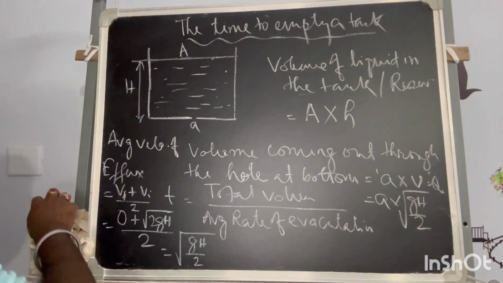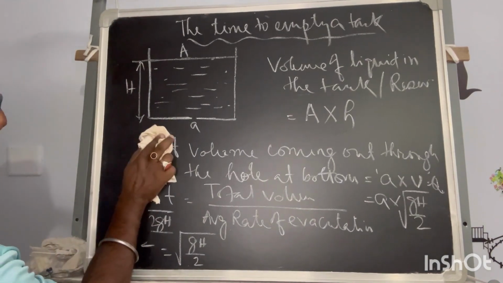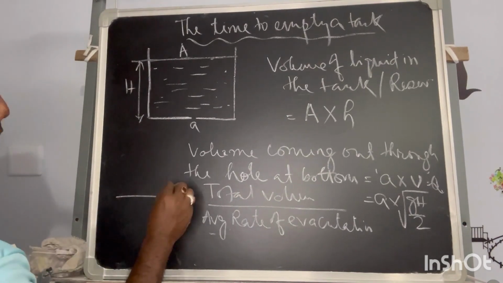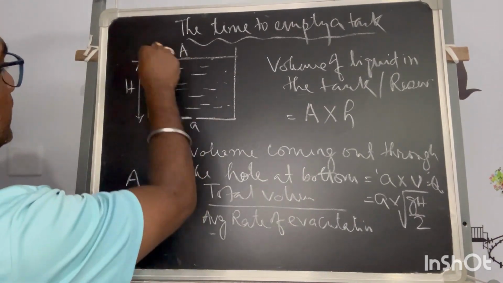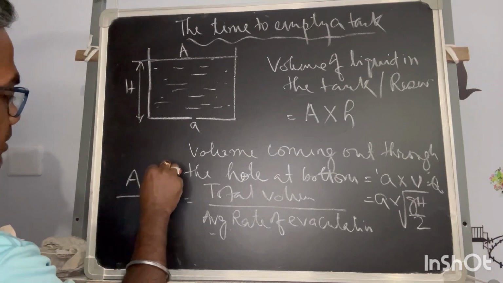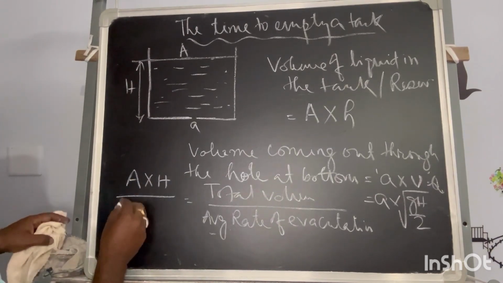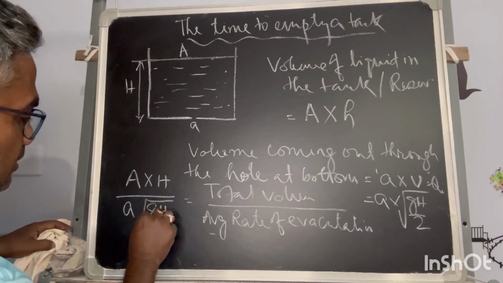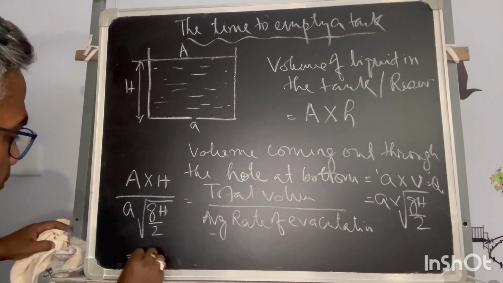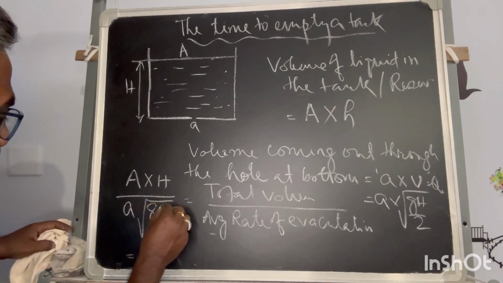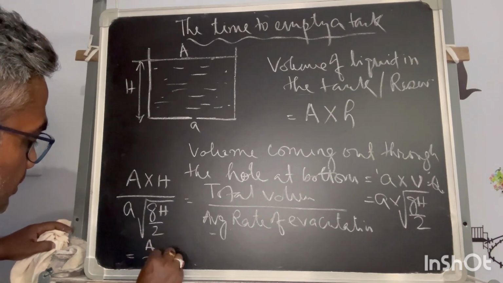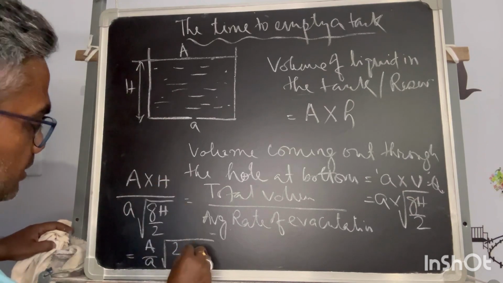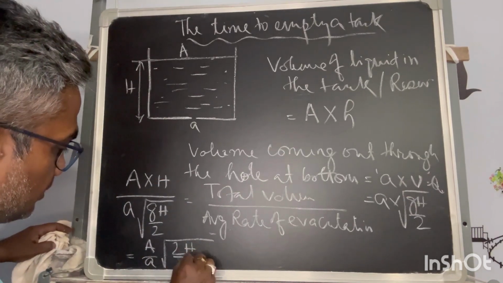Fine. Now if we use this effective flow rate, what would be our case? Complete volume A into capital H, divided by small a into under root gh by 2. So what will be the case? A and a will be there, and this 2 will go up, H will cancel one H there, and g will be there.